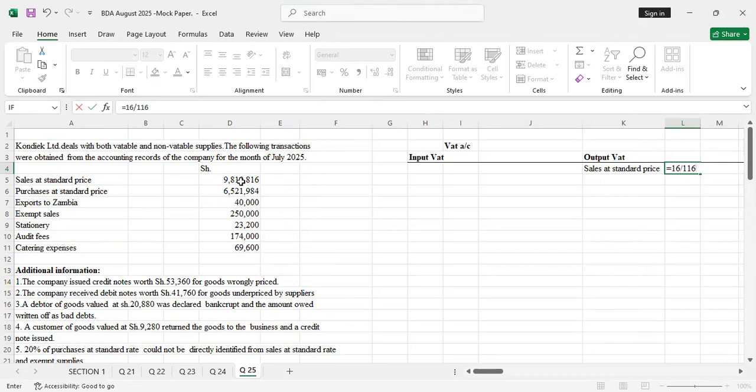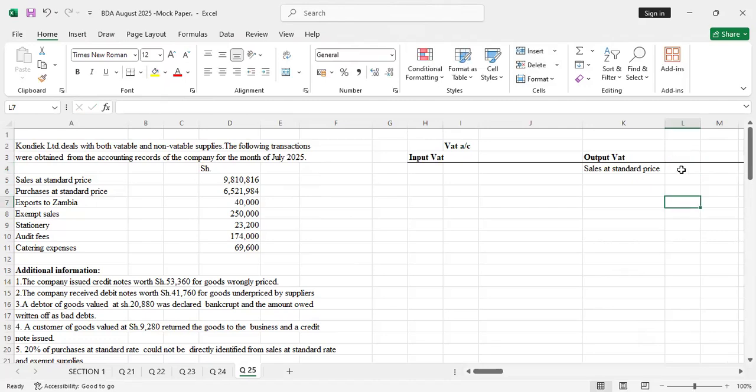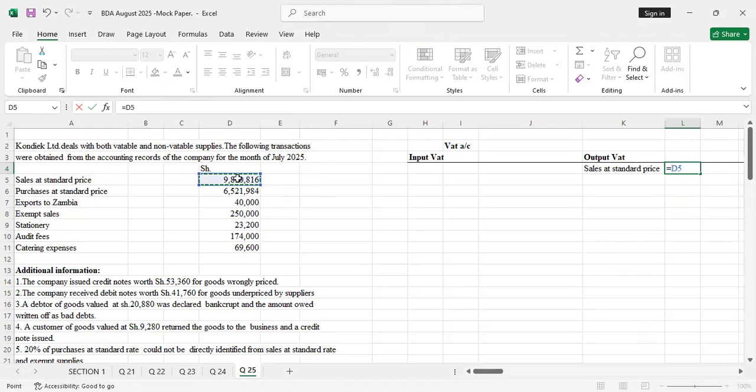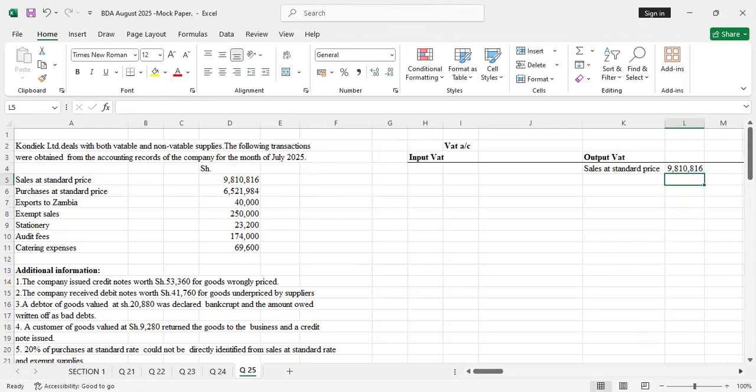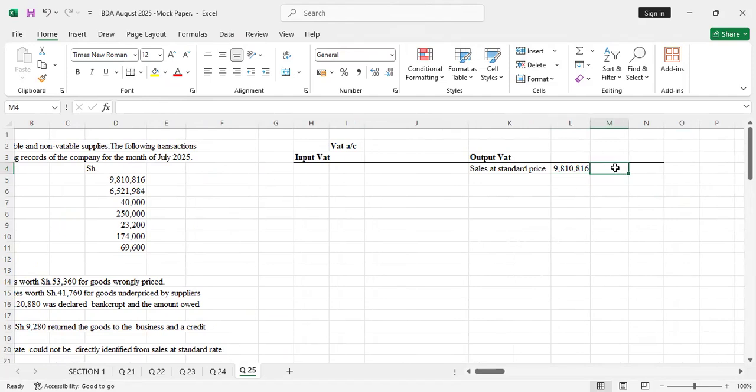Let me have the amount for the sales here first. Then now we'll calculate the VAT here. So our VAT will be this value times 16 over 116, because the VAT was inclusive.